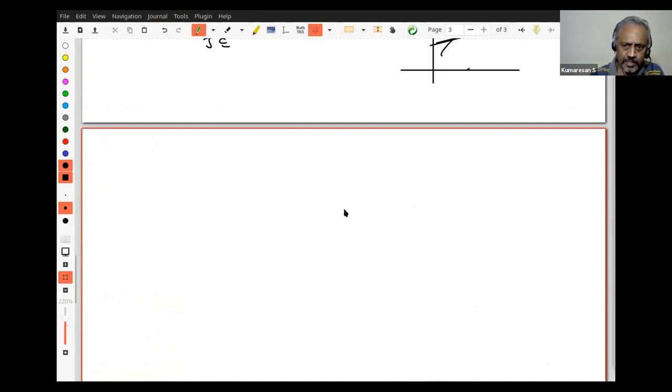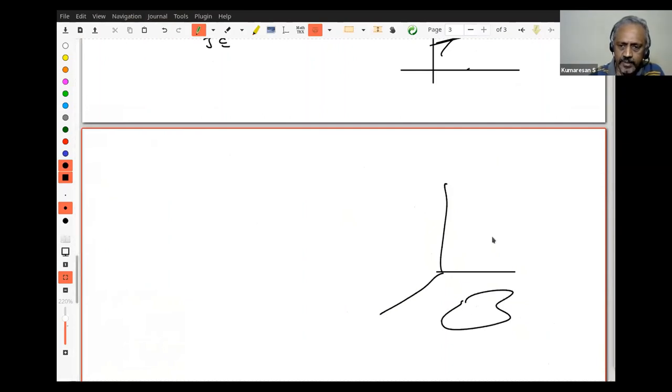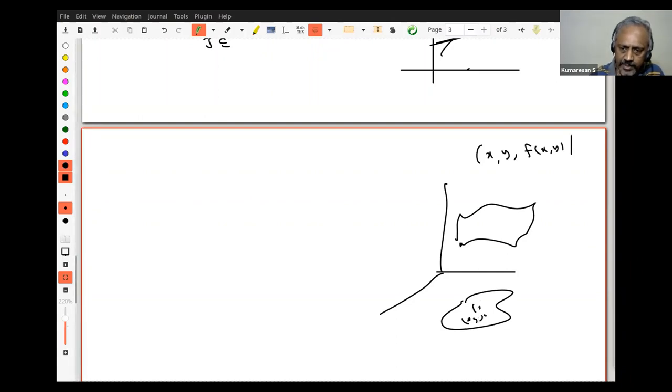So my picture may not be very good, but you can imagine, and later I will try to show a picture if you want. So I have some domain, and this is the graph of f. What is the graph? x, y, f of x, y, where x, y lies here. Okay, this is the graph. You understand this? And start with the point a comma b here.